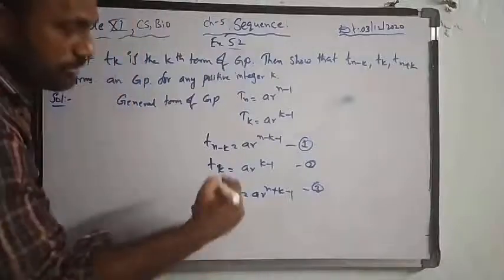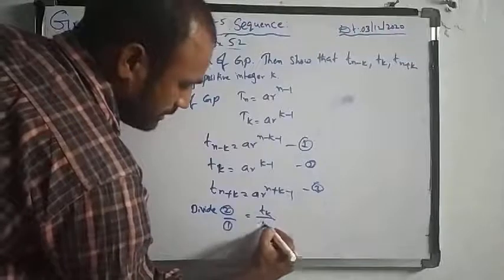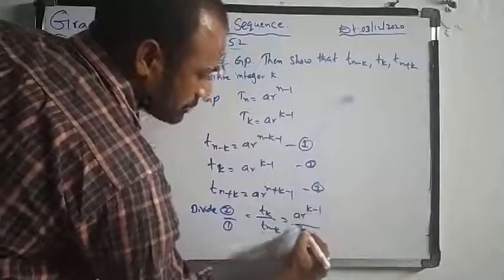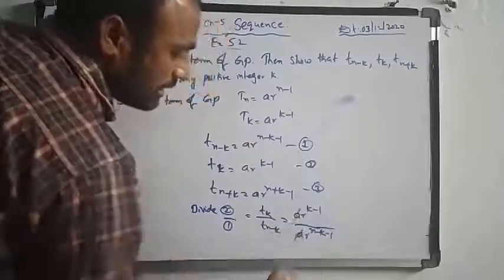the second equation by the first equation, that is Tk by T of n minus k, is equal to ar^(k-1) by ar^(n-k-1). a gets cancelled.